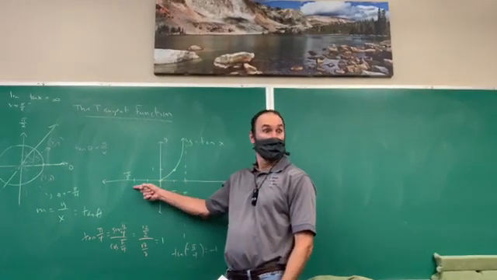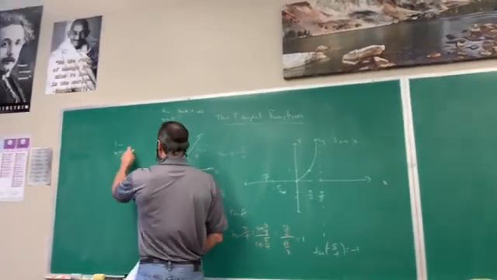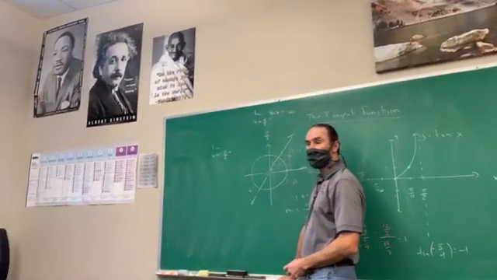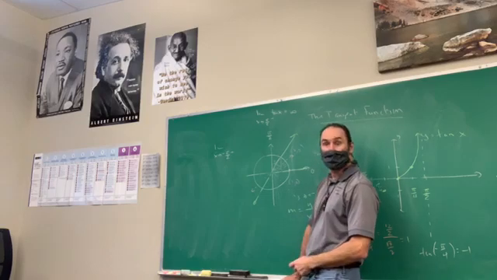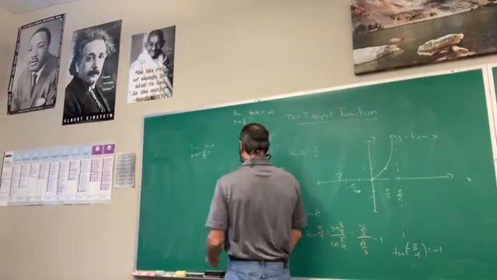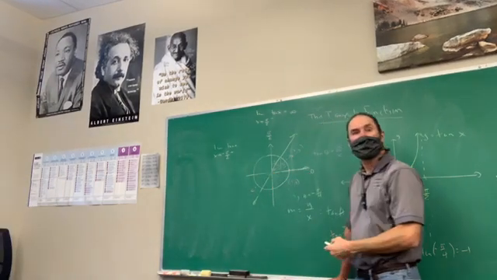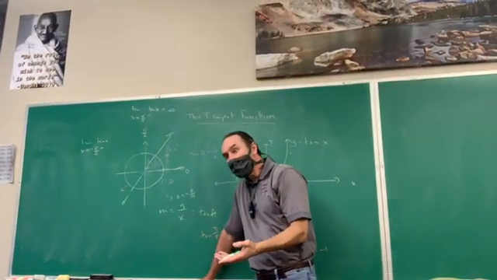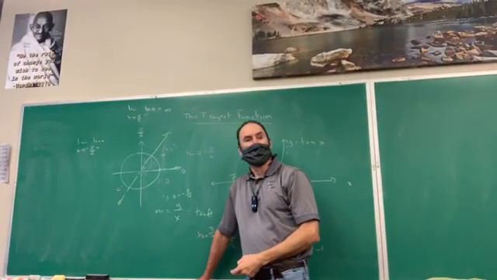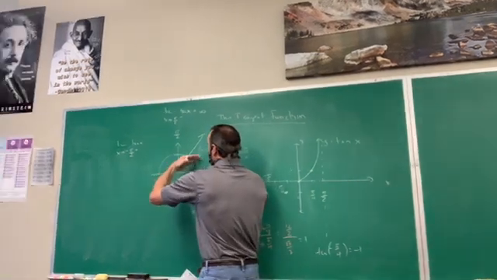From the right. Okay, so in our notation here for limits, to show we're coming in from the right, we put a little plus sign there. And this is our tangent of x. And we're going to say this is approaching what? Negative infinity.